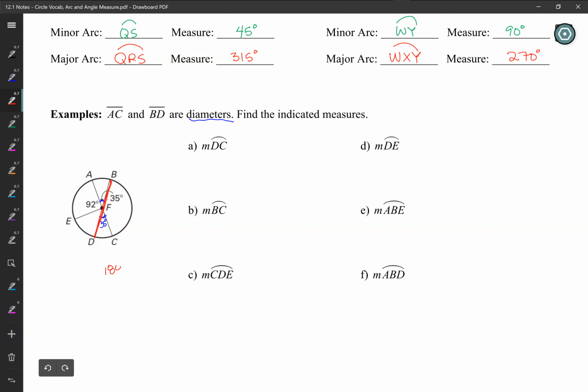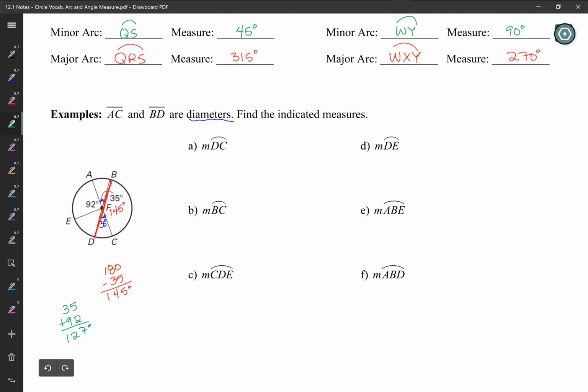So 180 minus 35 is 145 degrees. And the other three angles also have to add to 180. So let's do 35 plus 92.